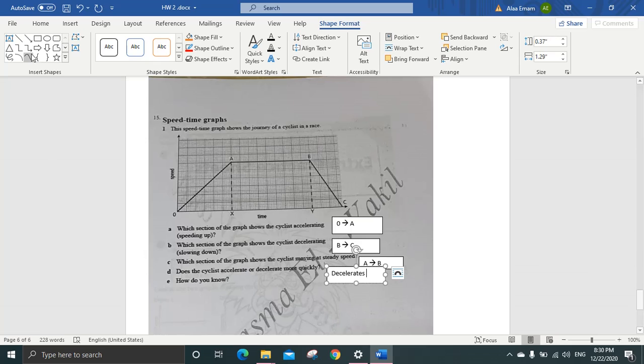Now, how did you know? The steepness of line BC is more than that of the line 0A.